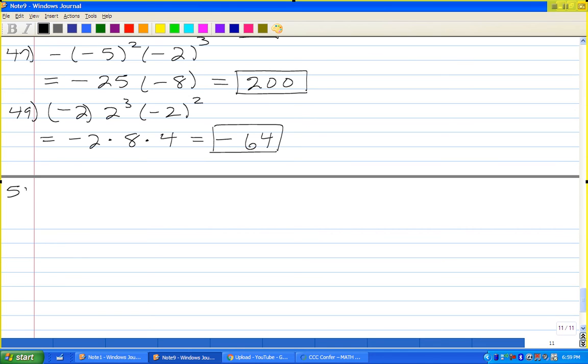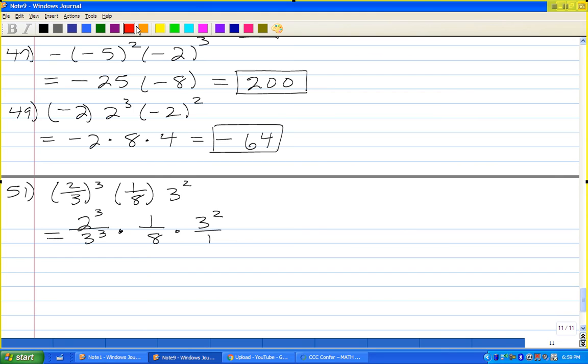Problem 51. And so this is the same as 2 cubed over 3 cubed times 1 over 8 times 3 squared, which I'll write as 3 squared over 1. 3 cubed divided by 3 squared is 3. 2 cubed is 8.